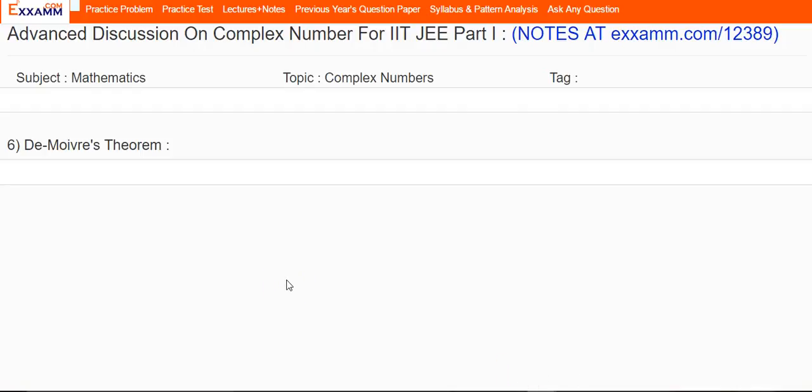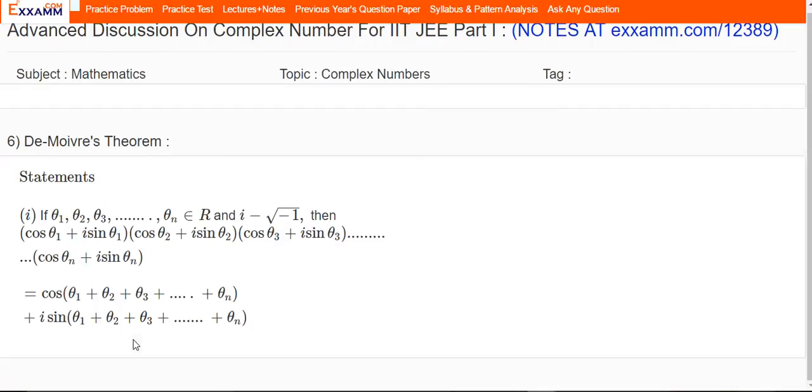So as per de Moivre's theorem, if theta 1, theta 2, theta 3 up to theta n are elements of the real number set, then (cos theta 1 plus i sin theta 1) multiplied by (cos theta 2 plus i sin theta 2) and so on, multiplied by (cos theta n plus i sin theta n) is equal to cos of (theta 1 plus theta 2 plus theta 3 up to theta n) plus i sin of (theta 1 plus theta 2 plus theta 3 up to theta n). This is the first statement of de Moivre's theorem.